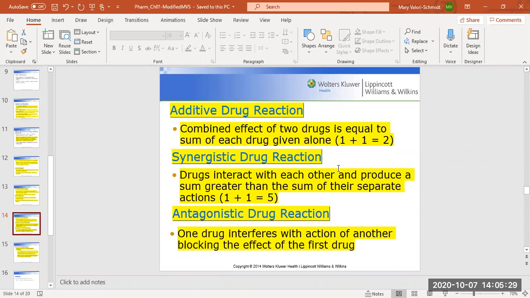Best example, opioids and Narcan, naloxone. If a patient should overdose on opioids, whether it's heroin, pills, doesn't matter, causes respiratory depression and death. If I give them Narcan, naloxone, it blocks the effects of the opioids and they won't die. Okay? It's pretty easy to understand.